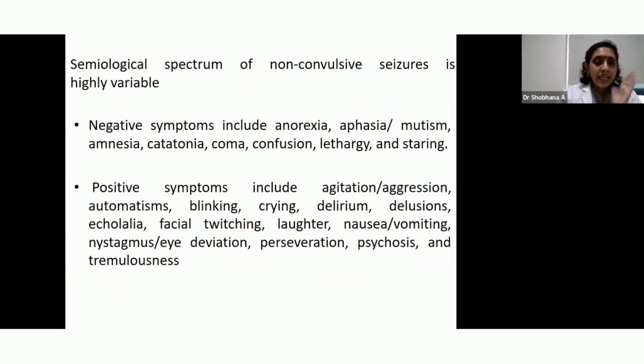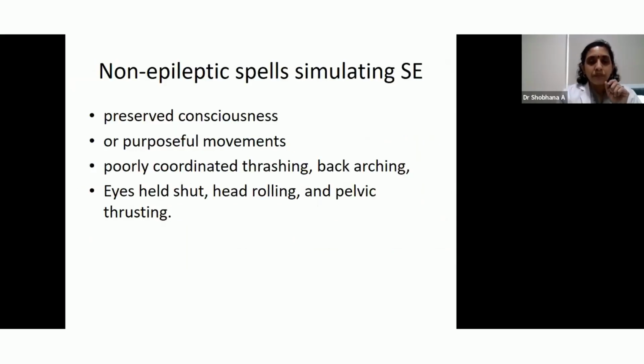Now, there may be negative symptoms like the patient is aphasic or mute or presenting with catatonia, confusion, etc. Or there may be positive symptoms like agitation, aggression, delirium, crying, perseveration, or psychosis, or tremulousness, and these may be part of the spectrum of a non-convulsive status epilepticus.